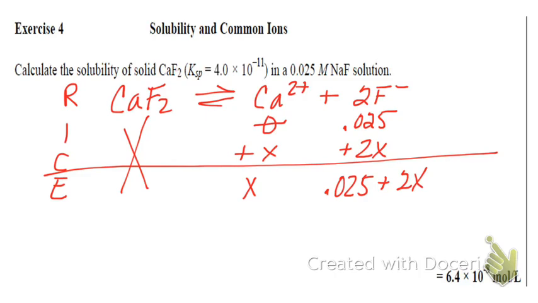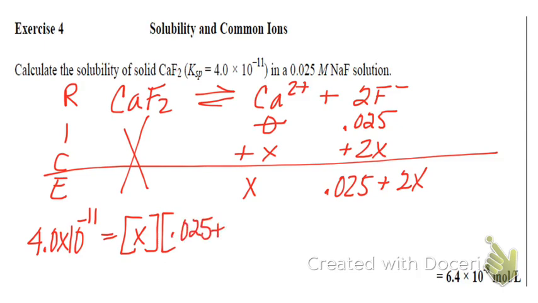Now our Ksp was 4.0 times 10 to the negative 11, equals the x for calcium, and then 0.025 plus 2x squared.